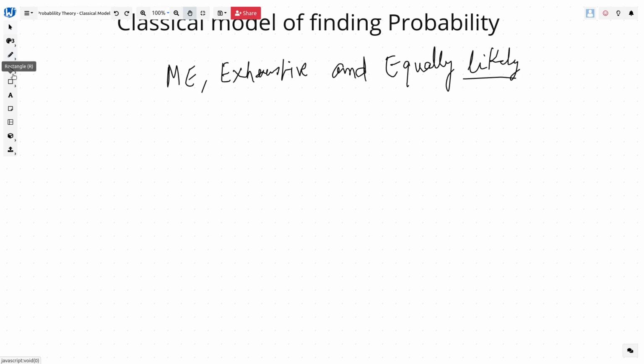So we call that in that kind of experiments. Let's find the favorable outputs and divide it by the total.